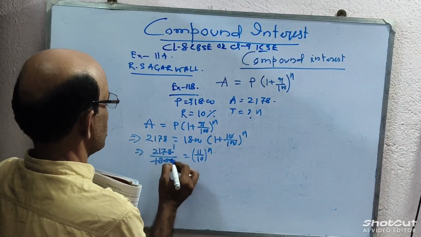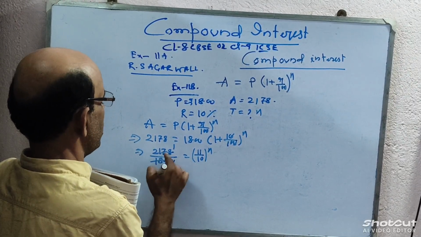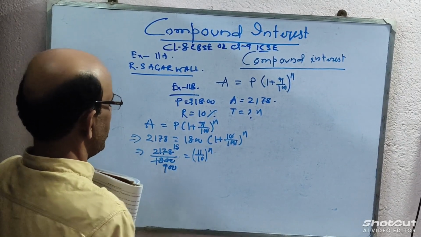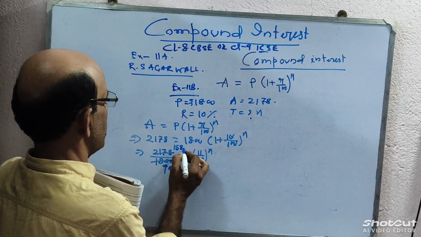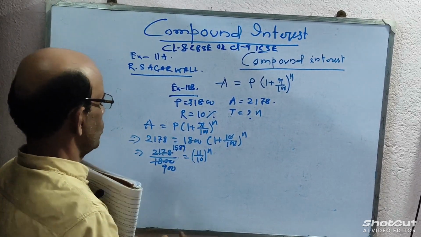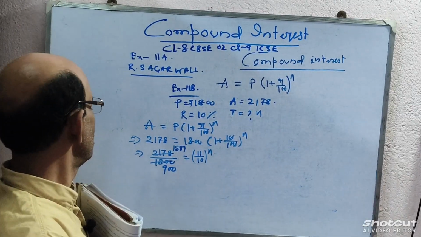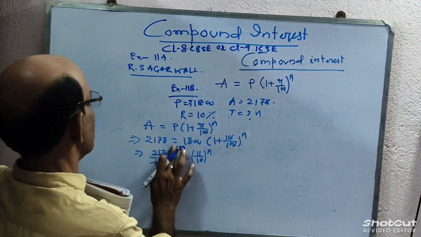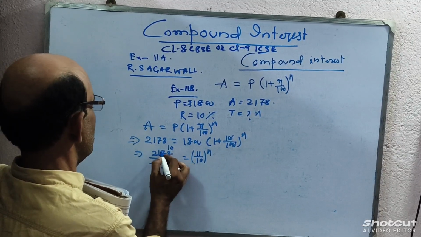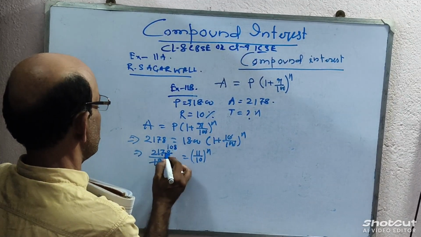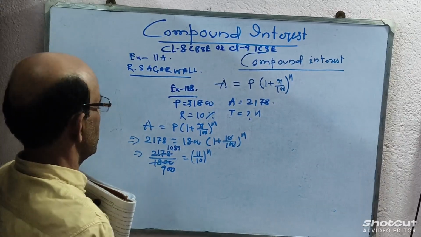Now dividing by 900: 2 ones are 2, 2 fives are 10, 1 carry 17, 2 eights are 16, 1 carry 18, 2 nines are.